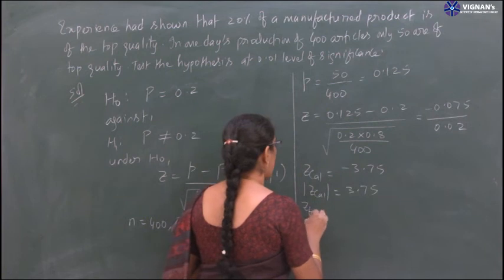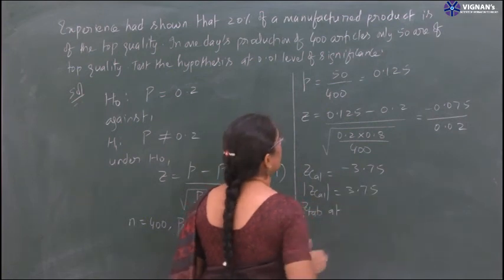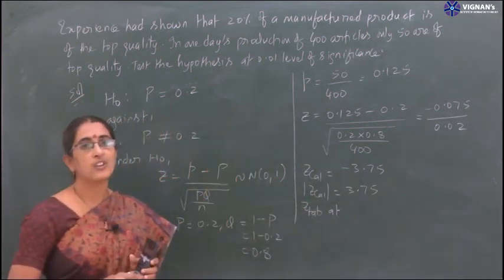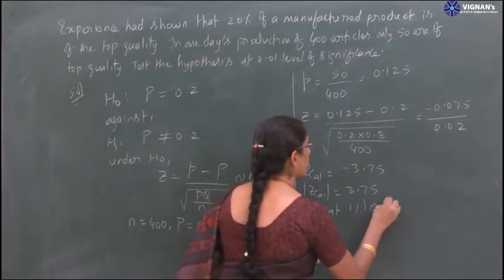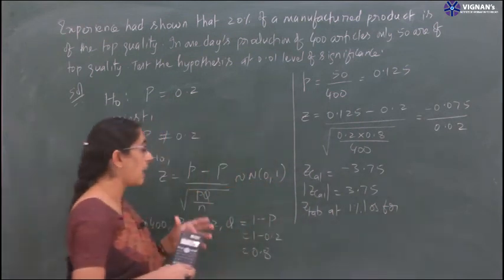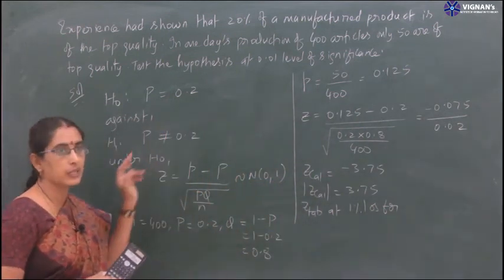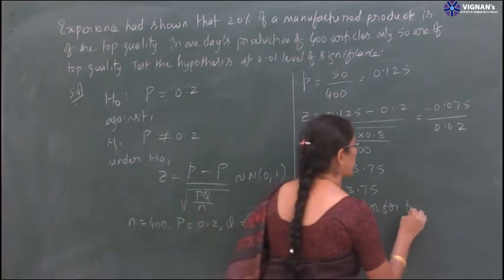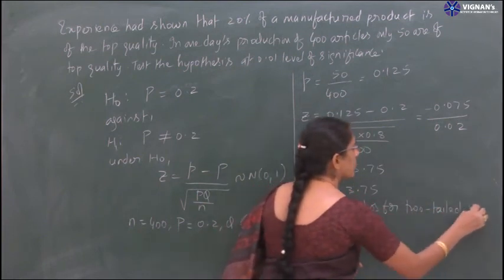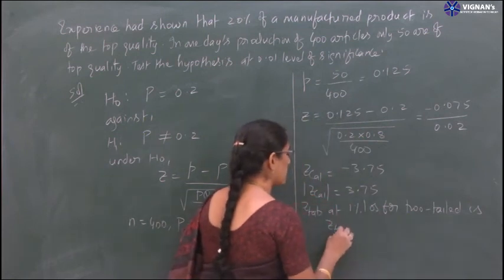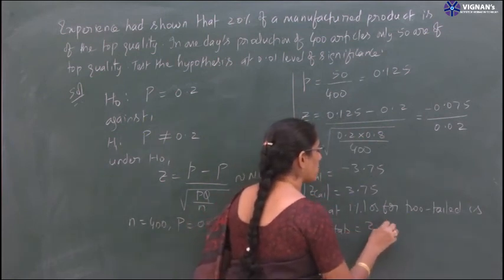Now for Z tab, they have given that test at 0.01 level of significance. So Z tab at the 1% level of significance for the alternative hypothesis not equal to, that means for two-tail, the 1% two-tail value is 2.58. So Z tab is 2.58.